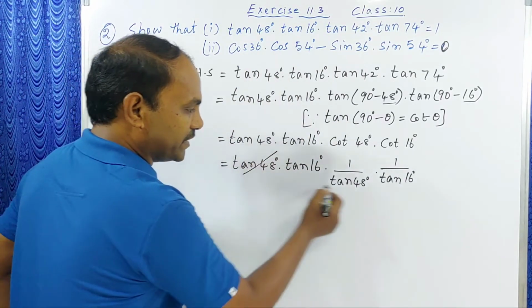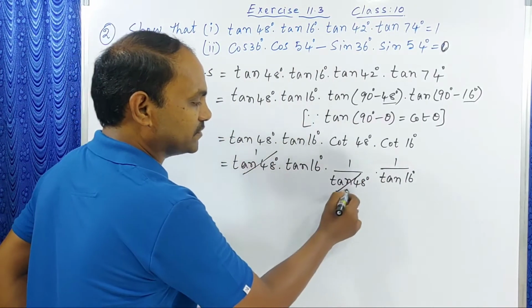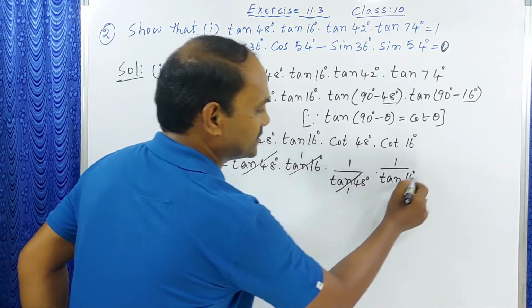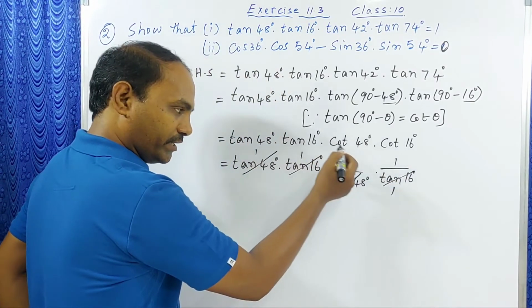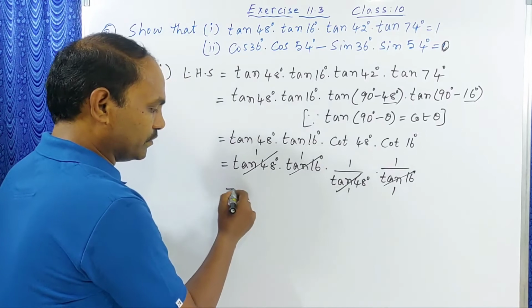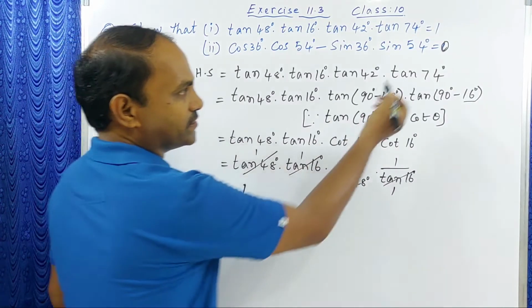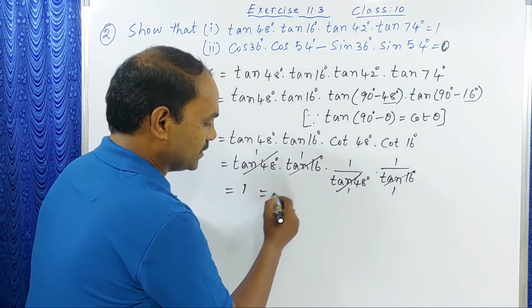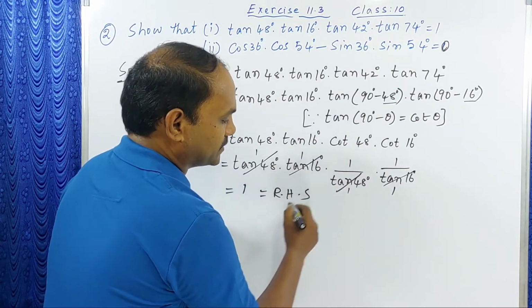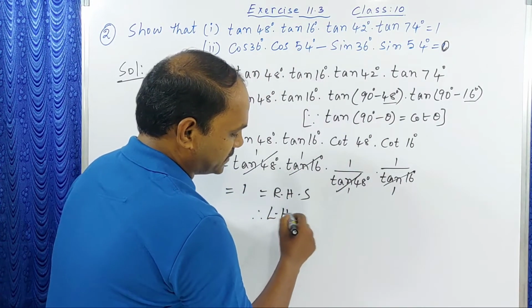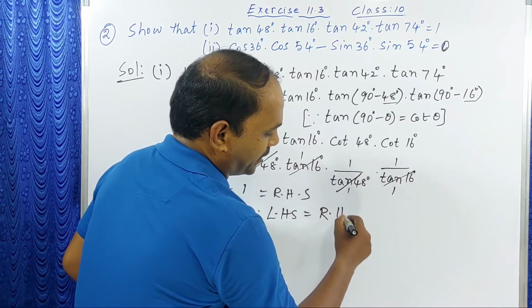Now tan 48 once, this one once, here also once and once. 1 into 1 into 1 into 1 is equal to 1 only. So 1 is the RHS. Therefore LHS is equal to RHS.